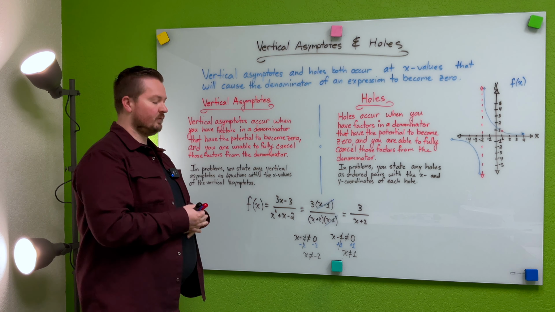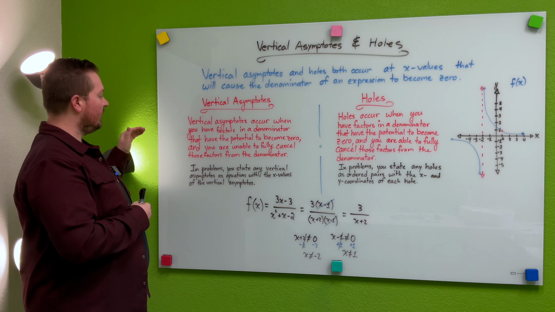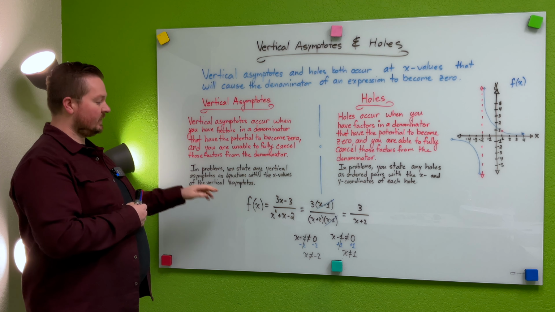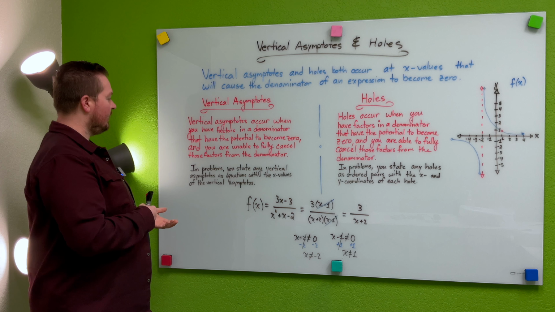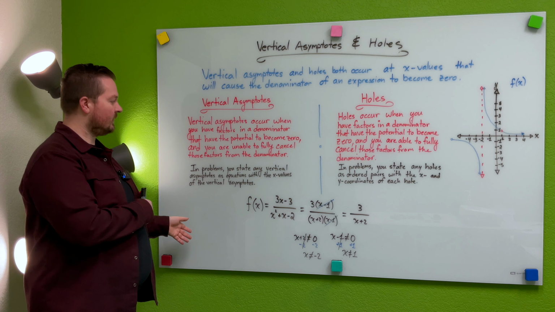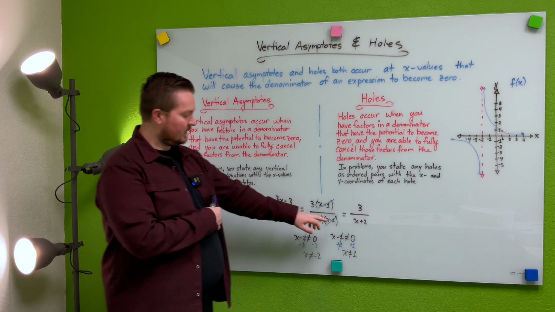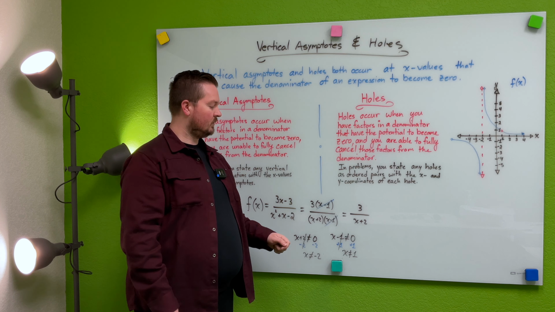Now let's get into vertical asymptotes. Vertical asymptotes occur whenever you have factors in the denominator that have the potential to become 0, but you are not able to fully cancel those factors from the denominator. So you see this denominator? We have x plus 2.